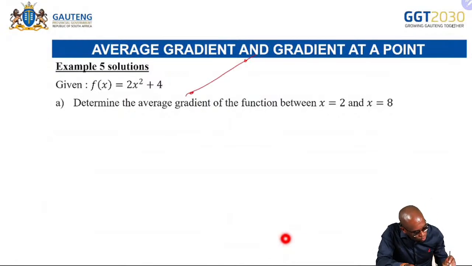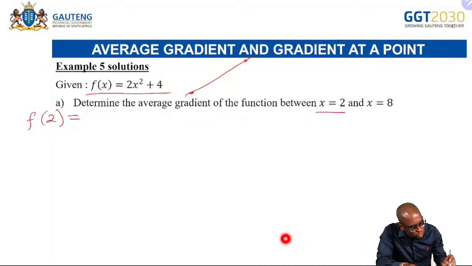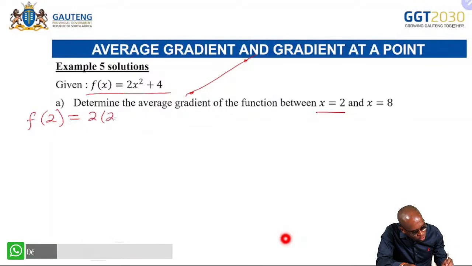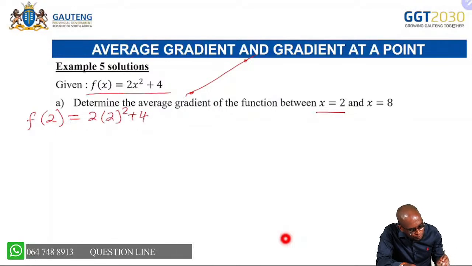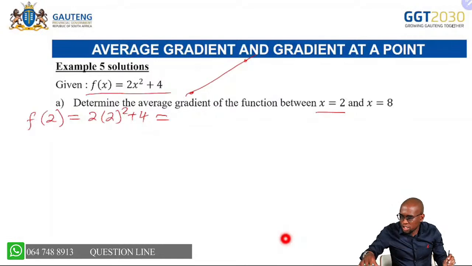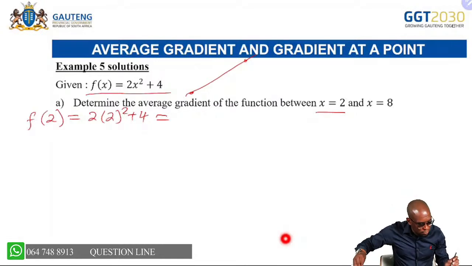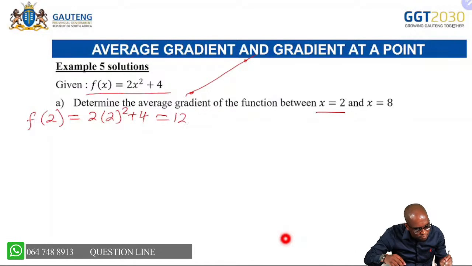Now, what we're going to do here, we're going to find the corresponding values of y. We know that f of 2, we substitute 2 into that equation, we get 2 into 2 squared plus 4. Then we check what that will give us. 2 into 2 squared plus 4 should give you 8 plus 4, that should be 12.